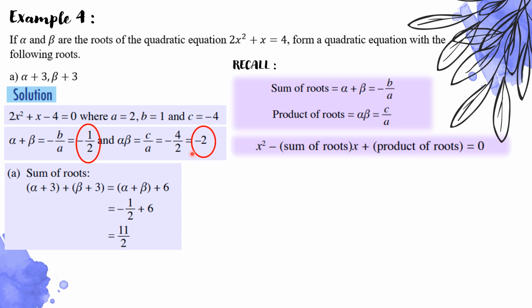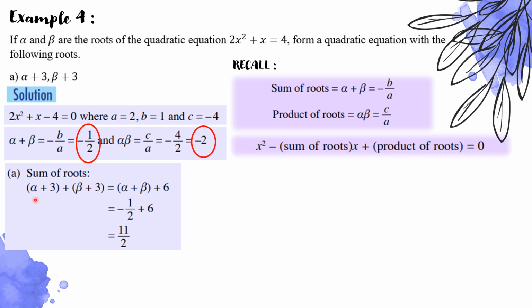Okay, so first you need to find the sum of root. Since this is the first root and this is the second one, in order to substitute into the general form for the quadratic equation here, you need to find the sum of root. You cannot use this sum of root and this product of root, since these are the SOR and product of root for the alpha and beta equation, but now it is alpha plus 3 and beta plus 3, so you need to calculate it again.